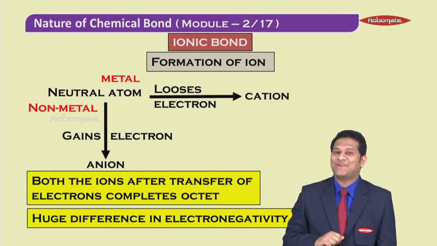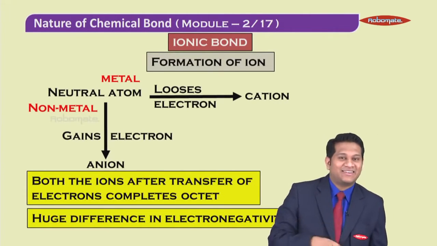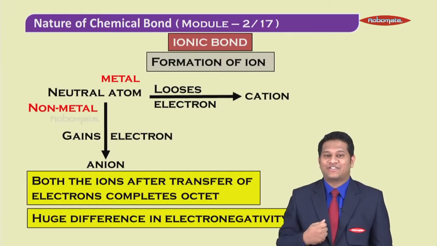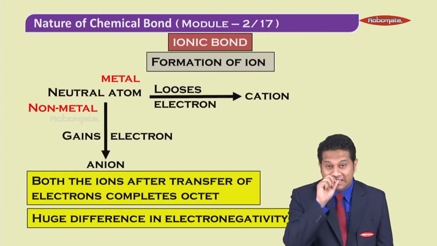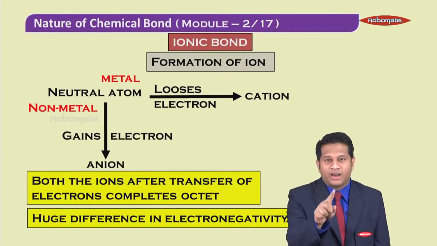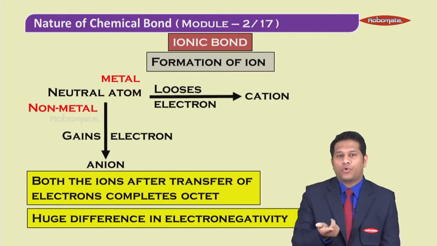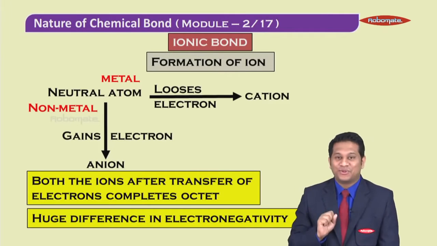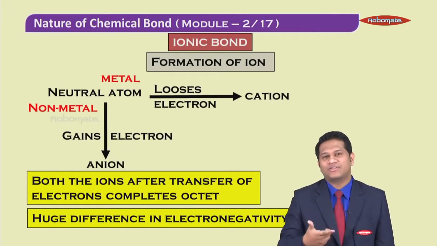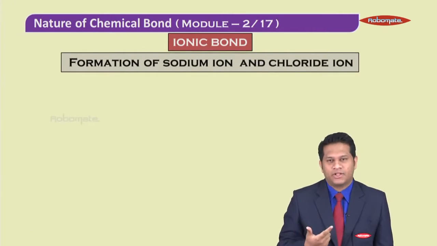Now, since we know how exactly a cation and how exactly an anion is formed, now start thinking कि अगर आपको सोडियम आयन बनाना है और अगर आपको क्लोराइड आयन बनाना है तो सोडियम आयन और क्लोराइड आयन कौन से एटम से बनेगा? Simple.